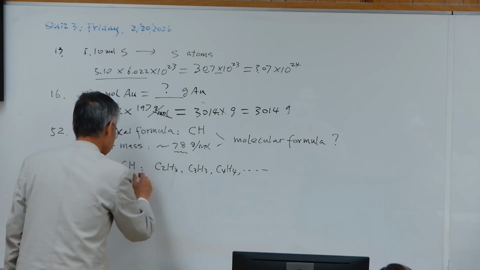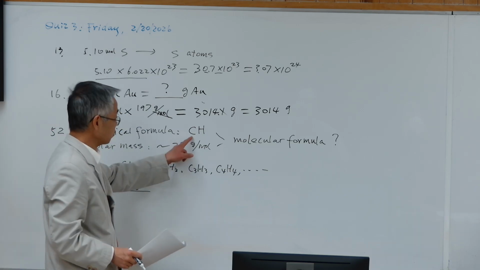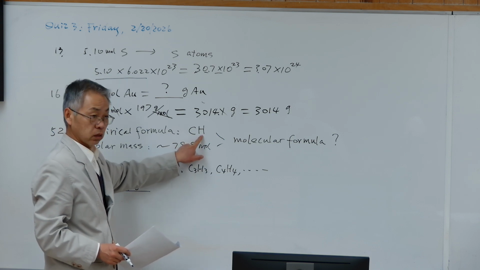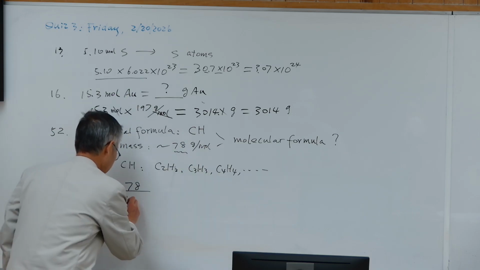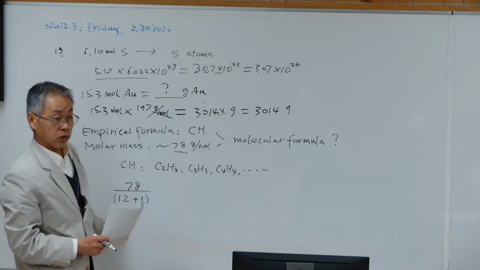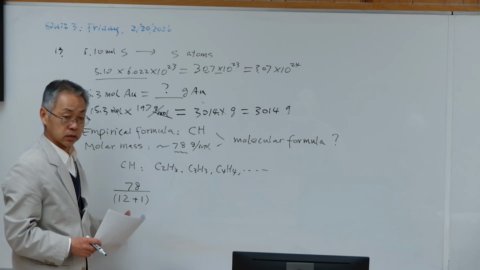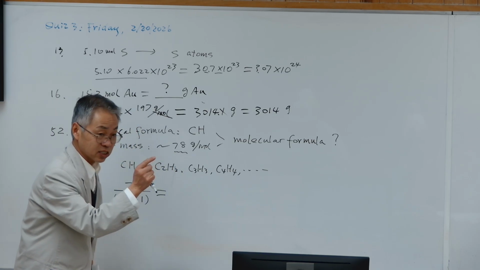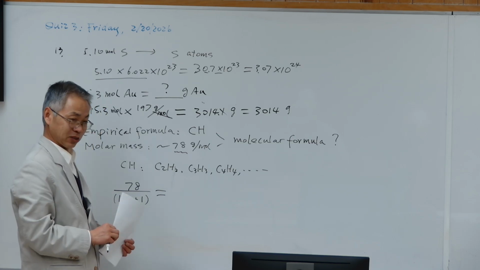The molecular formula's molar mass is 78. Then what is the empirical formula's molar mass? The empirical formula tells you 1 carbon, 1 hydrogen. Use the periodic table. Carbon is 12, hydrogen is 1. This is the empirical formula's molar mass, 13. So 78 divided by 13. You find the closest whole number. Clearly it's not 1, 2, 3 or 4.